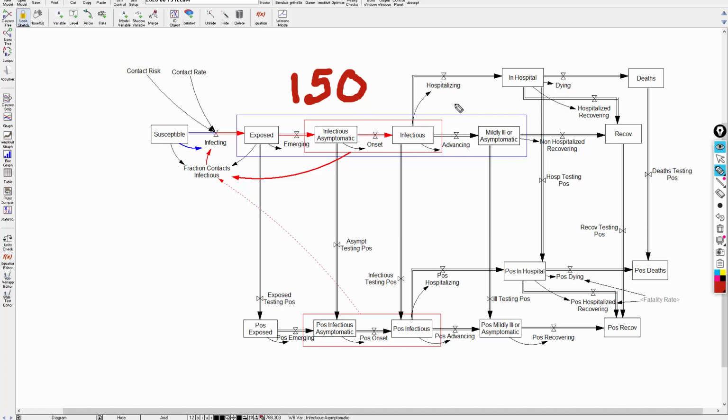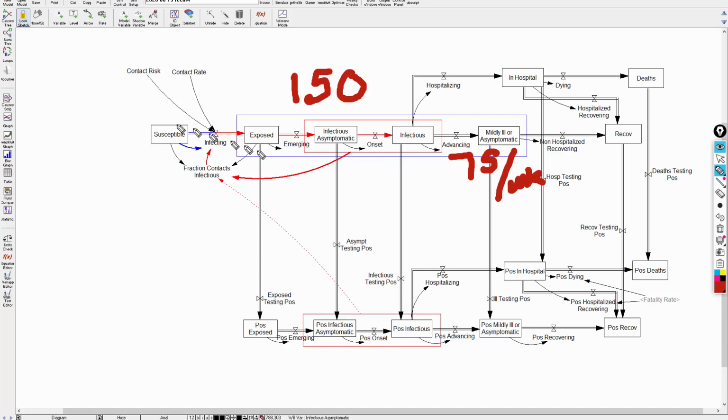Well, if you just look at the time constants of the infection process, the residence time in the infected system might be 2 weeks. So you'd expect an outflow here of about 75 per week.